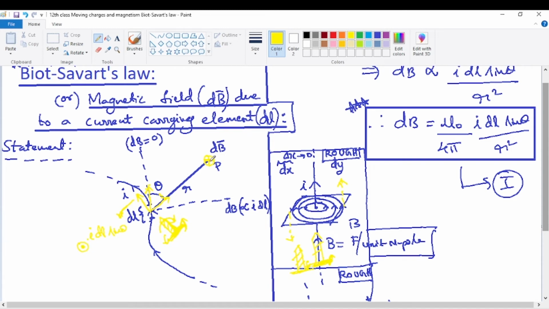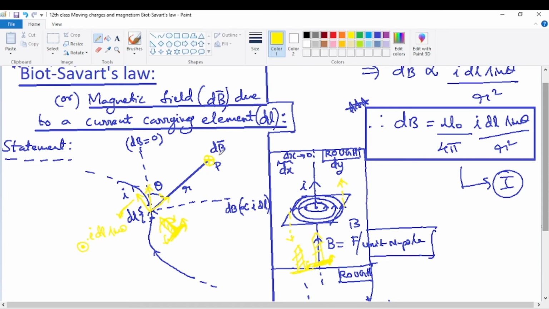Thus it can be seen that the magnetic induction here due to the current element is directed perpendicular to the board. What is the plane of the board now? The plane of the board is the plane containing the current element dl and r. dl is a vector, dl bar, and r is also treated as a vector, the position vector r bar.